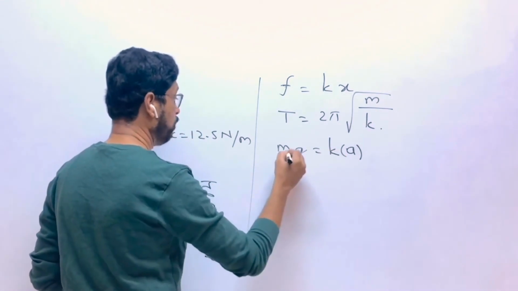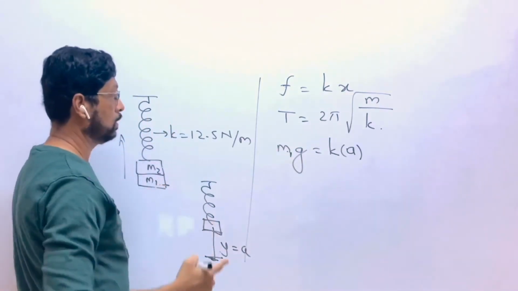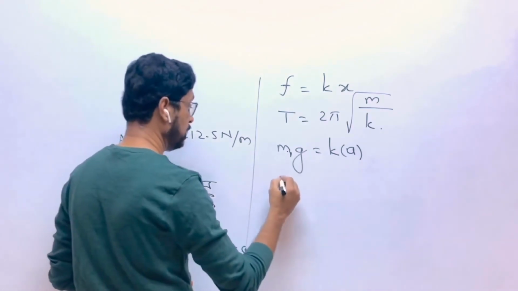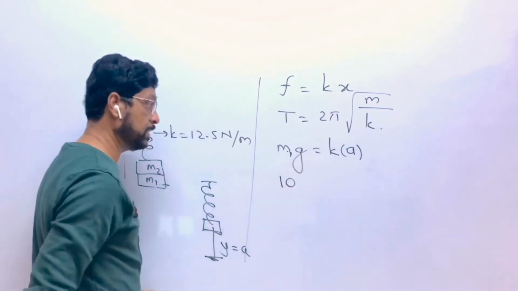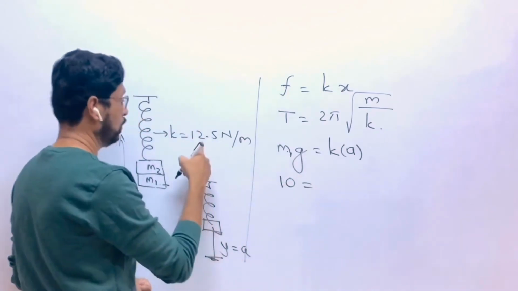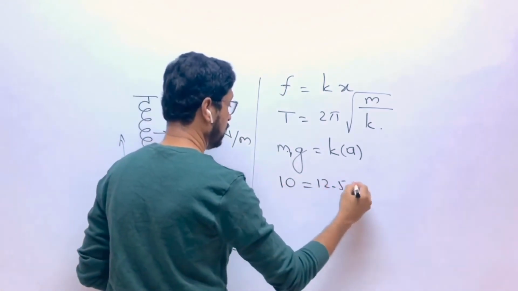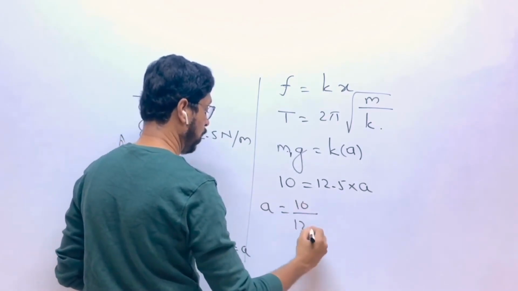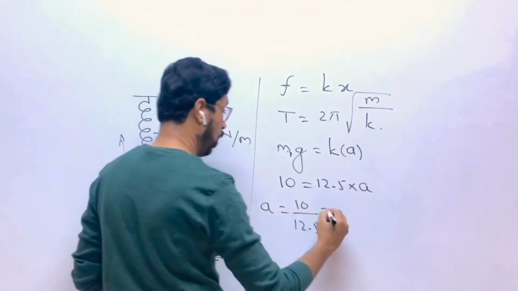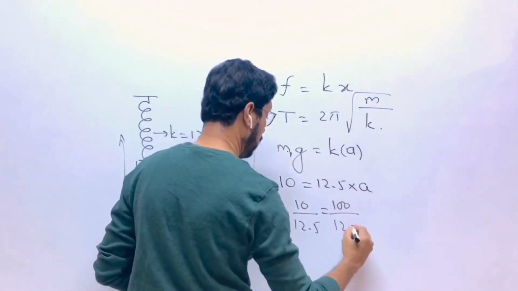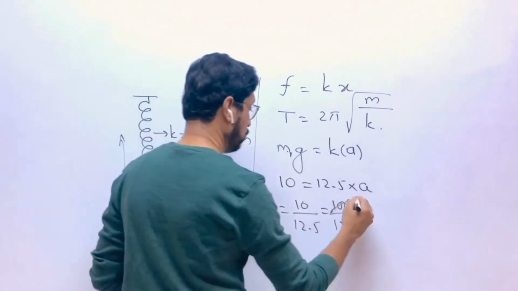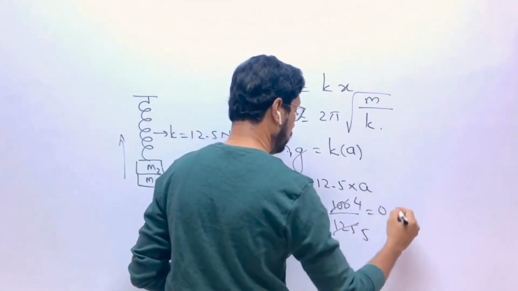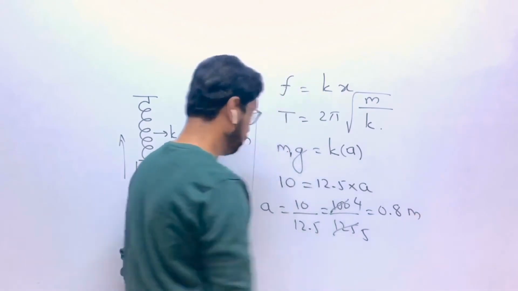So M1 is it given? Yes, M1 is how much? 1 kg, and into g, that is 10, is equal to 12.5 into A. So amplitude will be 10 upon 12.5, or 100 upon 125, that is equal to 0.8 meter.